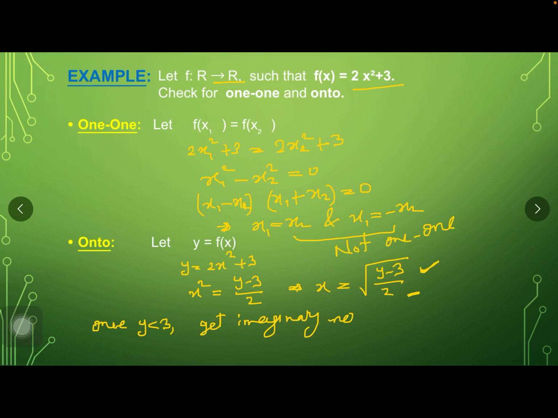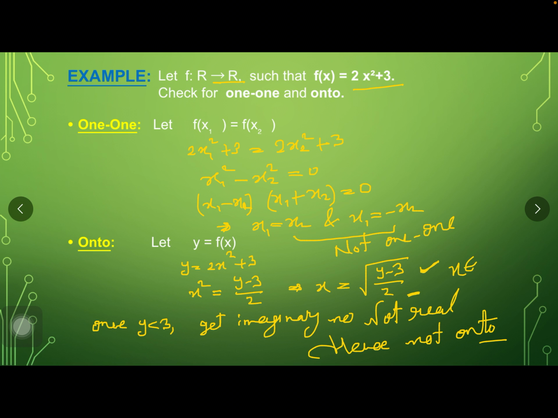So if our y is less than 3, we get an imaginary number, not a real number, and our set is real, the function is real to real, right?